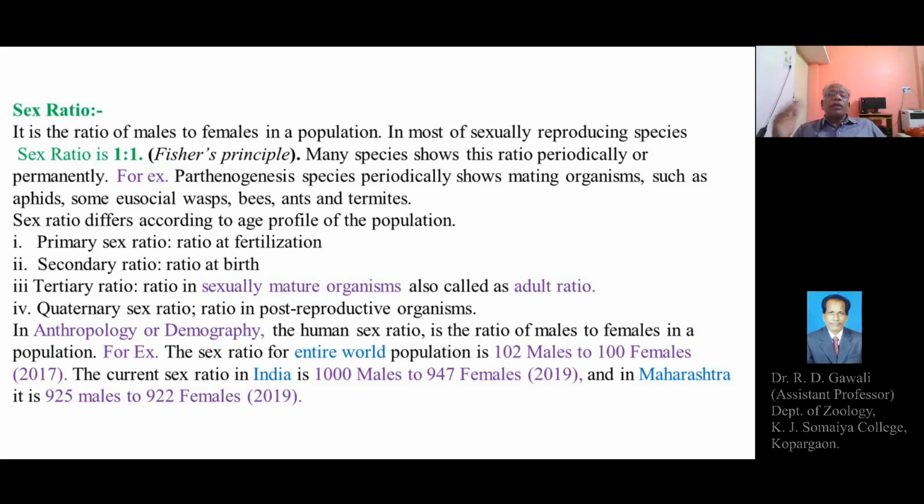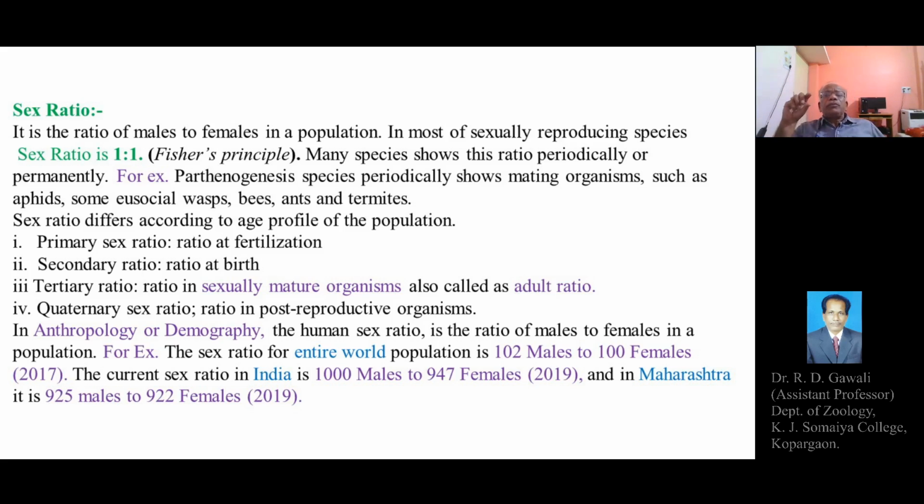Parthenogenesis species periodically show mating organisms, such as aphids, some eusocial wasps, or social insects like wasps, bees, ants, and termites. These are the different types of insects where there is a process of parthenogenesis.